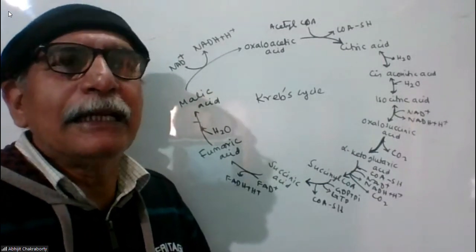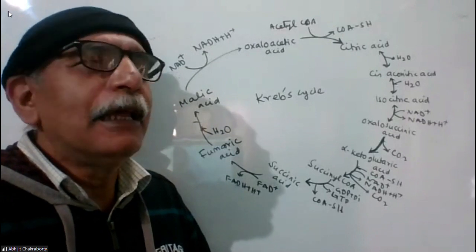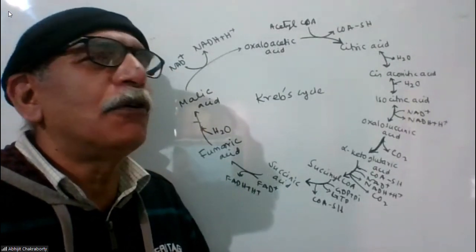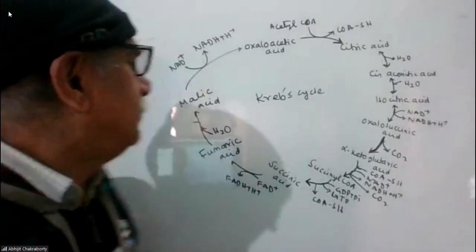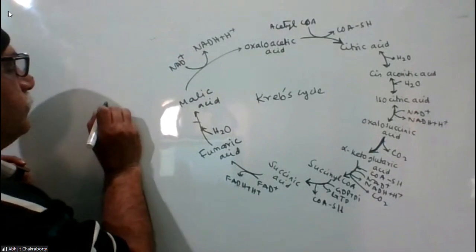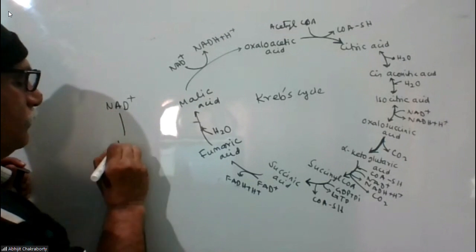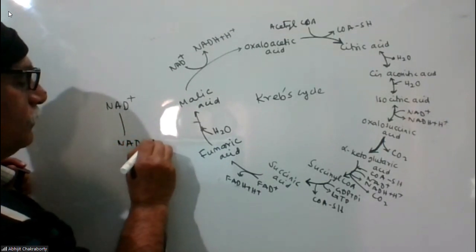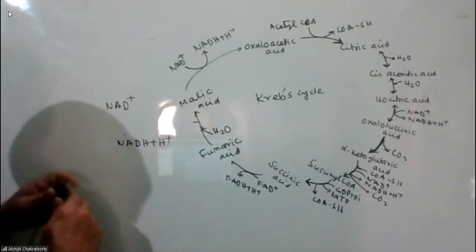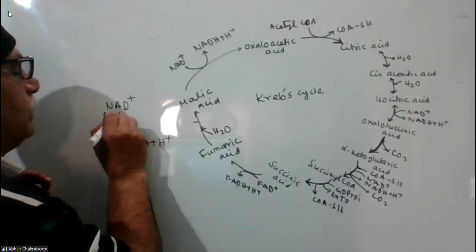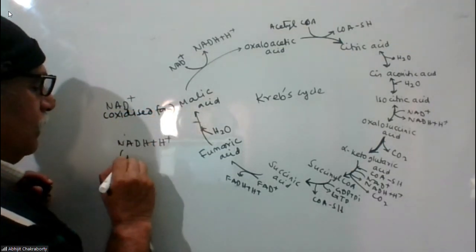And to facilitate dehydrogenation, different coenzymes like NAD, FAD are required to be present in their oxidized form. Oxidized form means NAD plus, this is the oxidized form and this is the reduced form.